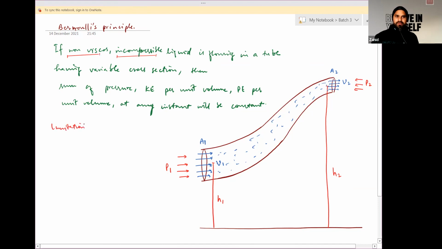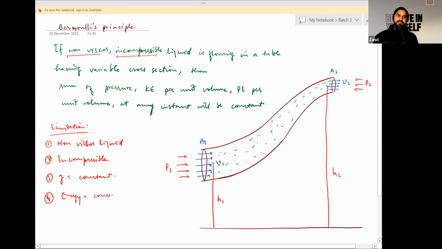So the limitations of Bernoulli's principle are: non-viscous liquid; it should be incompressible; third, gravity should be constant, or there will be no impact of gravity due to changing height; and fourth, energy should be conserved.